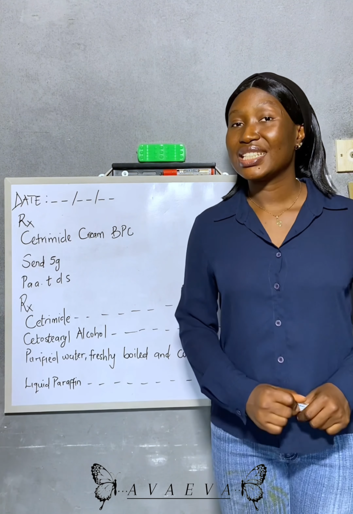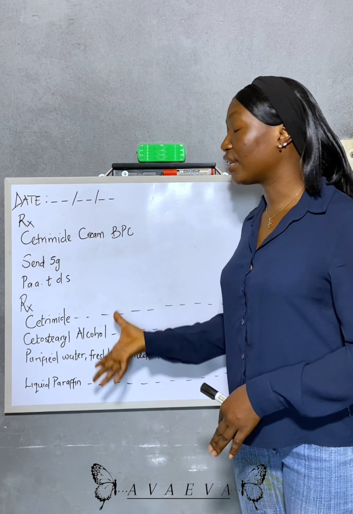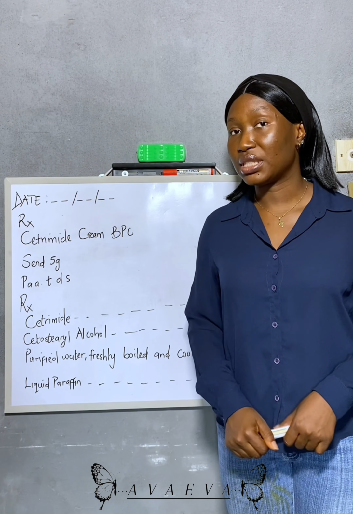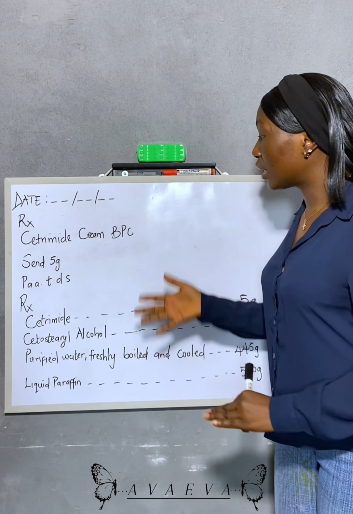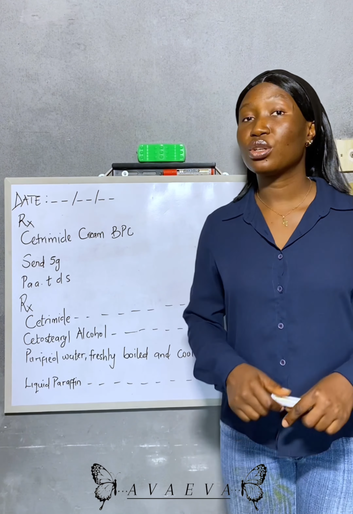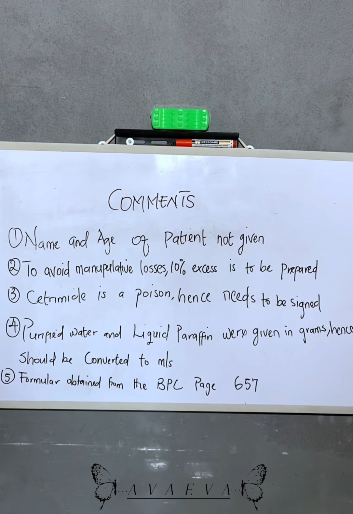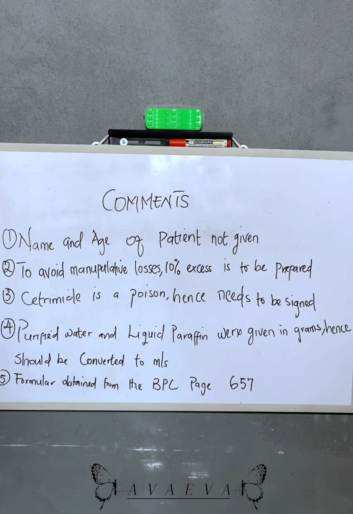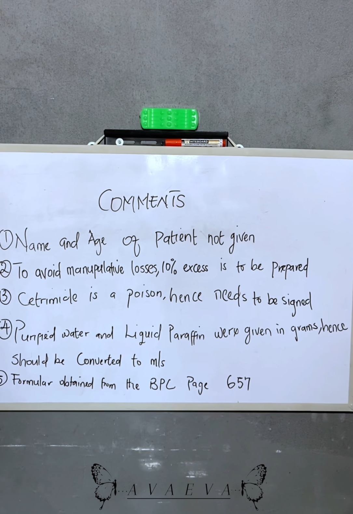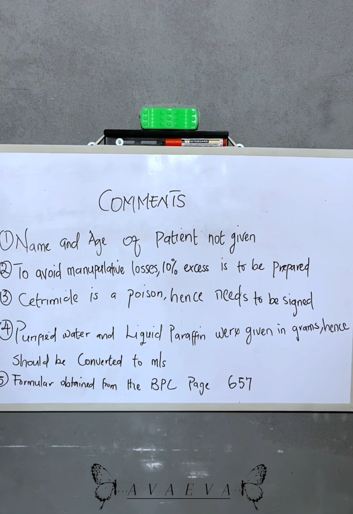It is important that after writing your question and your ingredients as obtained from the BPC, you closely look at what you have, as you can obtain some of your comments from here. Now, these are our comments. Comments are necessary because only when they are approved can you carry on with your preparation.